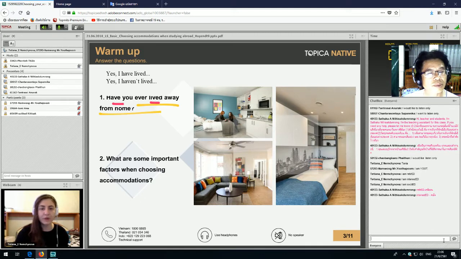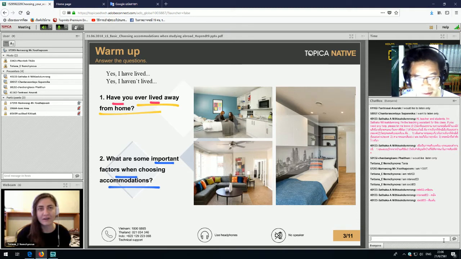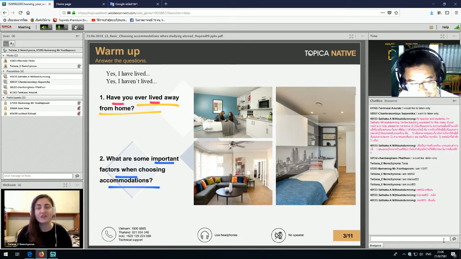What are the most important factors when choosing accommodation? Imagine that you need to find a new accommodation. What factors will be the most important for you?